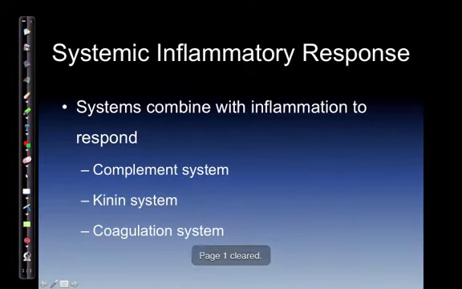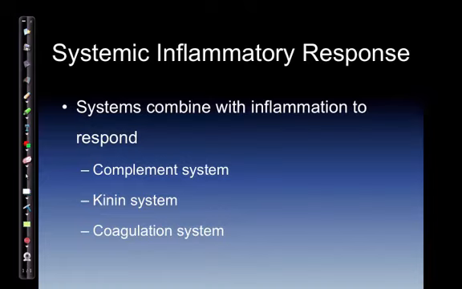Systemic inflammatory response. This combines with the inflammatory response and you get the complement system, which works together with the immune system to attack infections. The kinin system continues the inflammatory response by maintaining the vasodilation. The coagulation system forms a net over the infection site, confining the infection to a certain area.